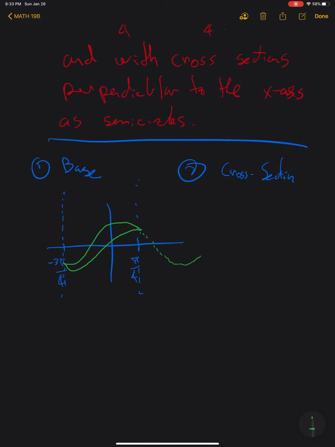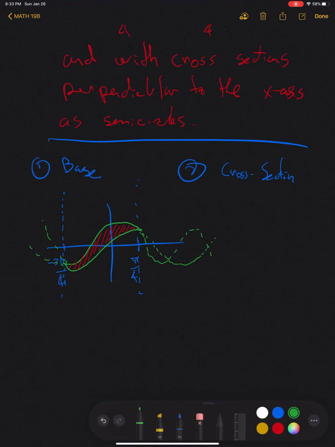We have the graph of sine and cosine. They follow each other, and then at negative 3 pi over 4 and pi over 4, they intersect. In other words, the shape of the base, or the floor for this solid, is going to be the area between these two functions. The top function is cosine of x, the bottom function is sine of x.